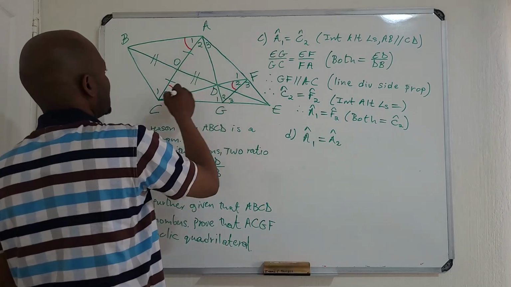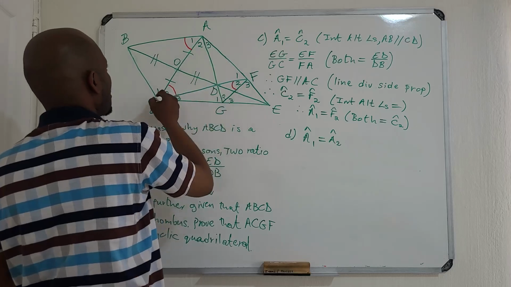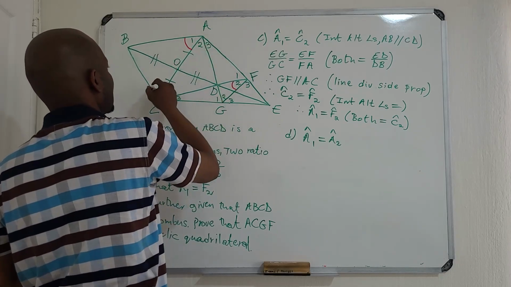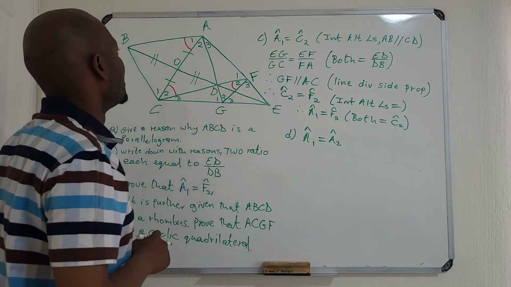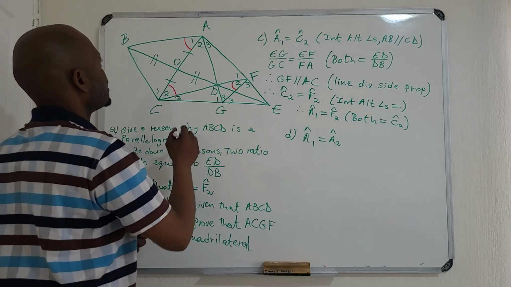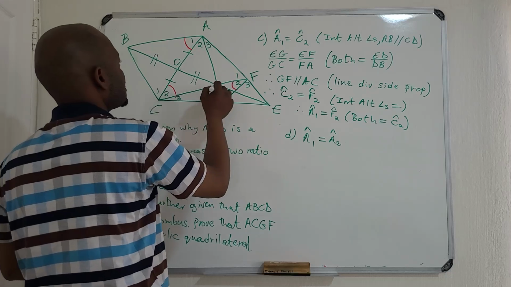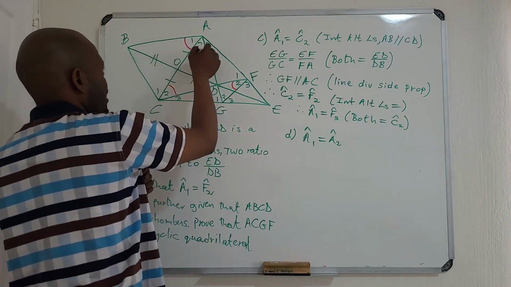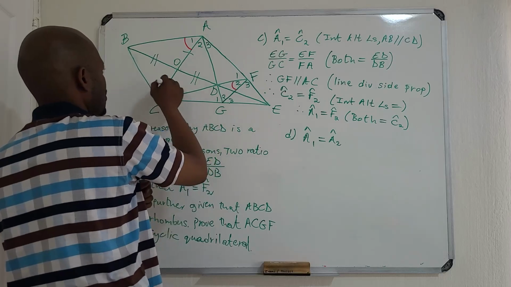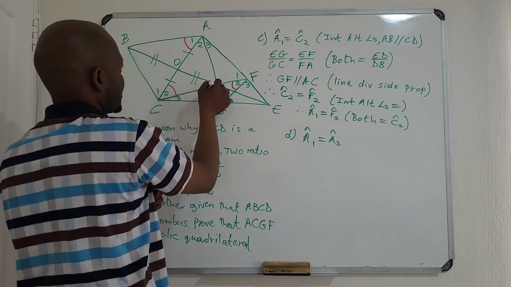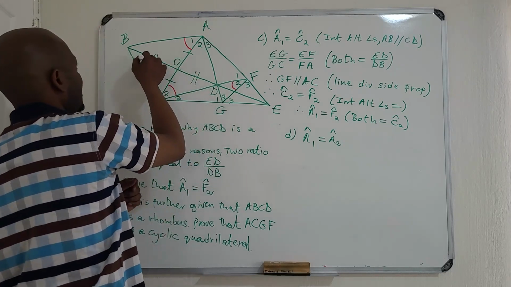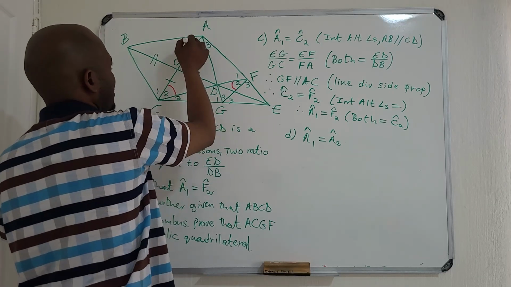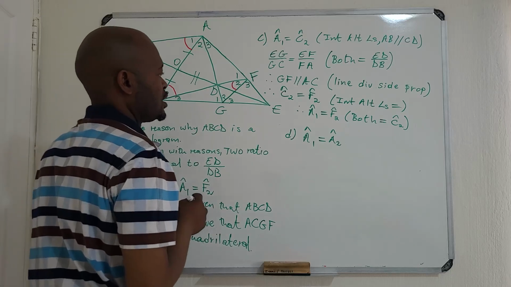Why is that? It is because since this is a rhombus, diagonal bisects the vertex angles. Since it is a rhombus, this is equal to that. This diagonal bisects this angle into two equal angles. Therefore, this angle is equal to that angle.